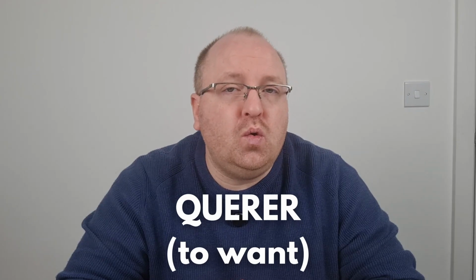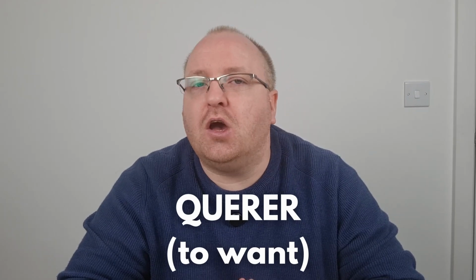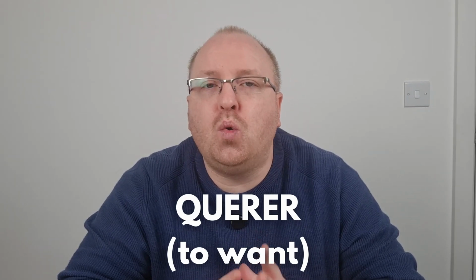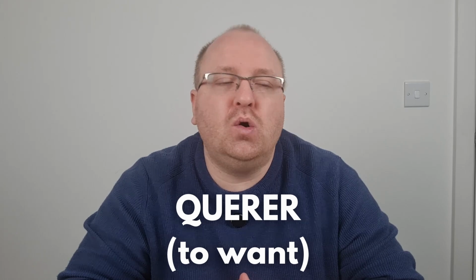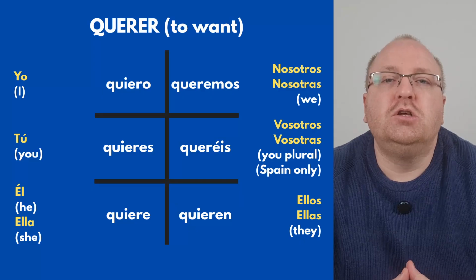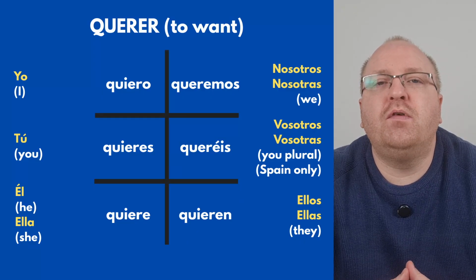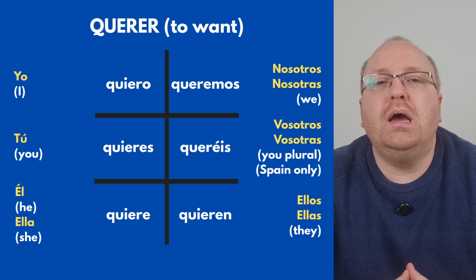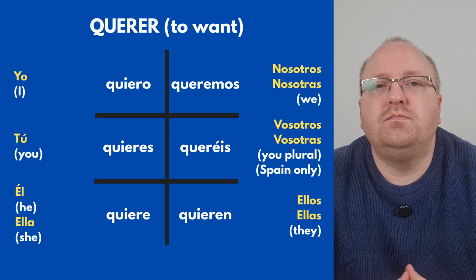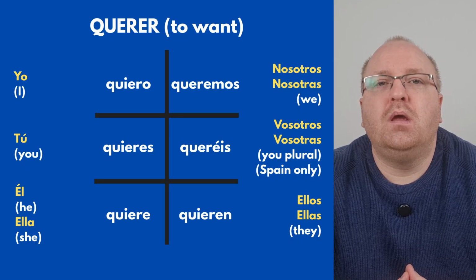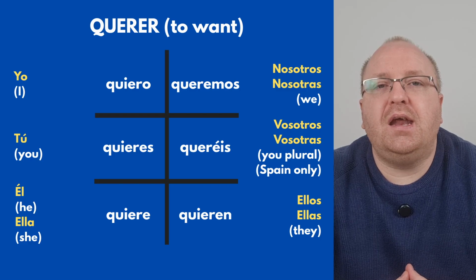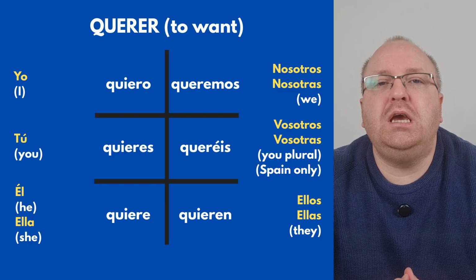Now the QU in Spanish is always pronounced like a K sound, not a Q like in English. So here are the conjugated forms of querer. I want, quiero. You want, quieres. He wants or she wants, quiere.